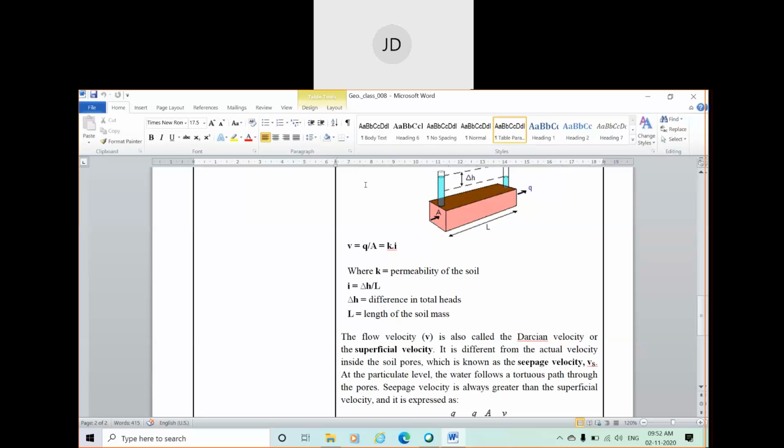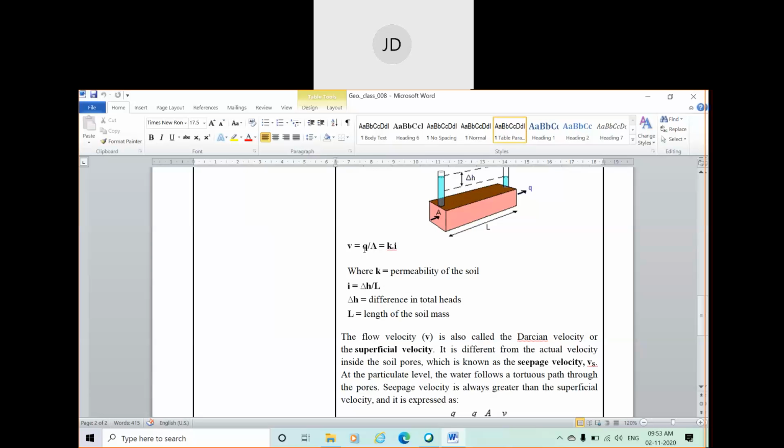Since water passes only through the voids, if we consider only the area of voids in place of the total area A, then that particular discharge will be the actual discharge, or seepage discharge.